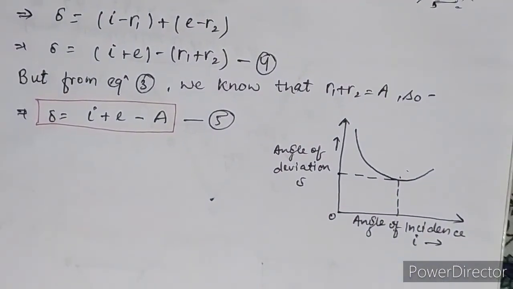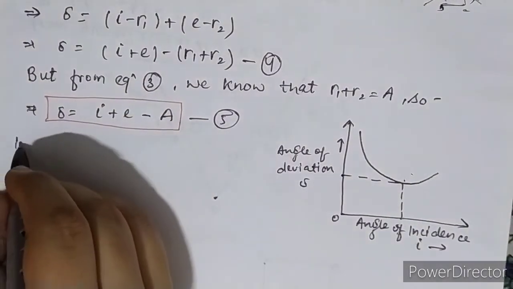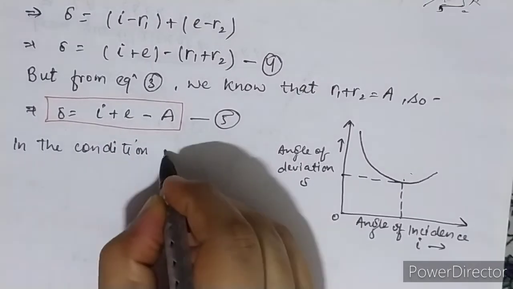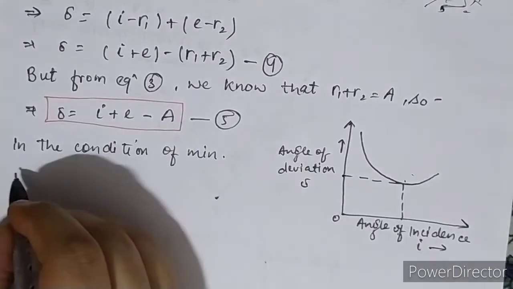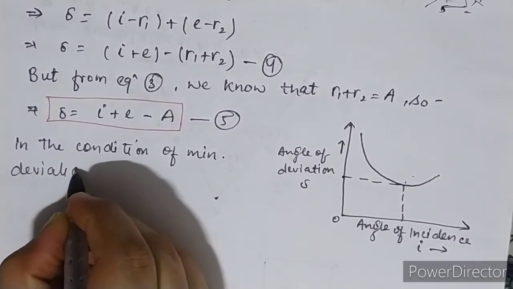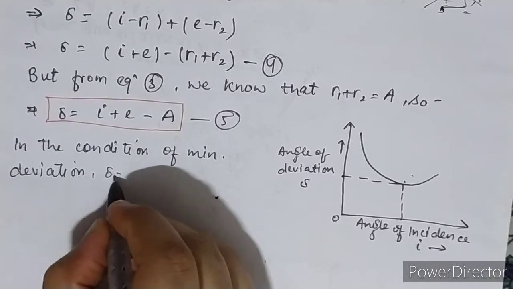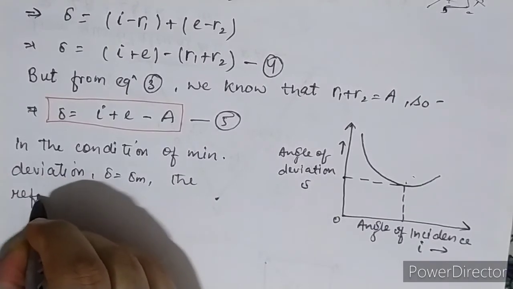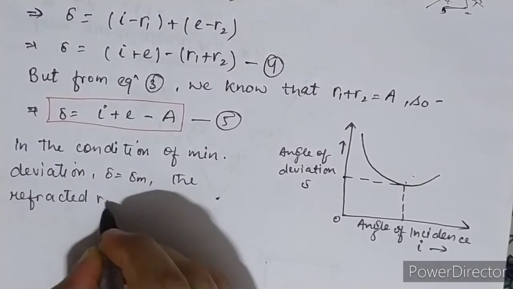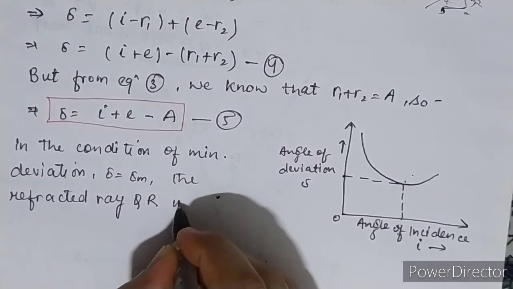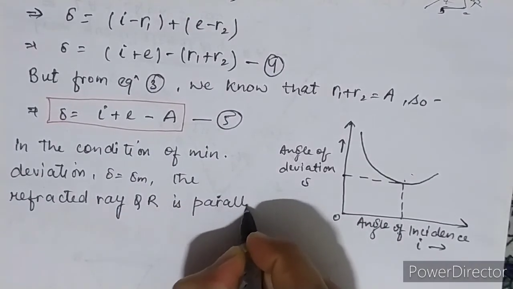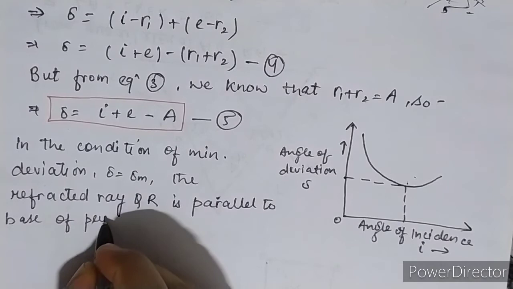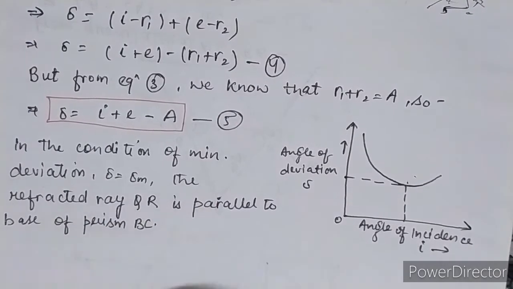So in the condition of minimum deviation, del is equal to del m. The refracted ray QR is parallel to the base of prism BC.